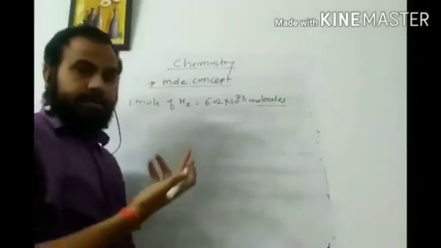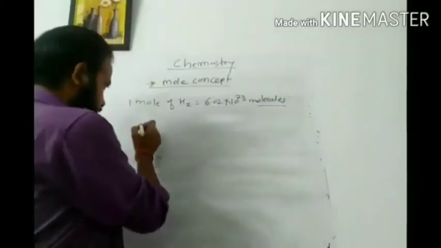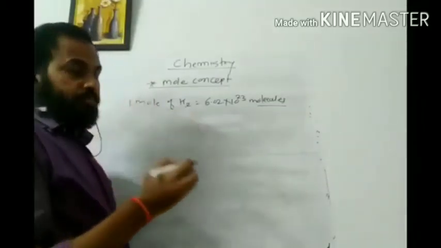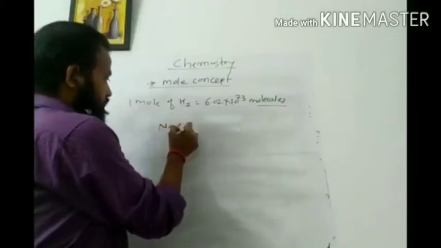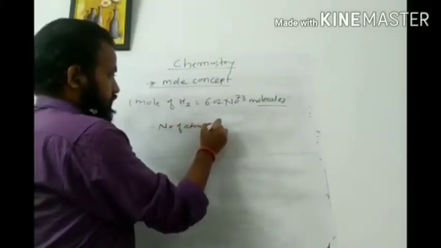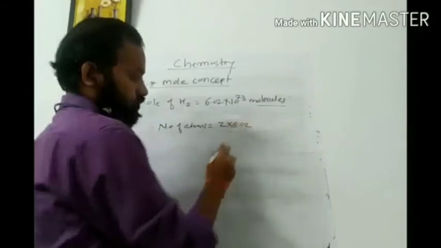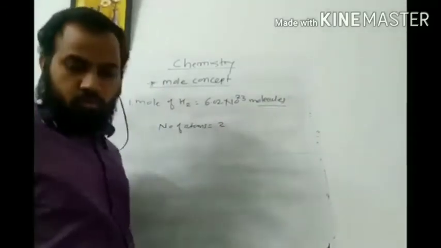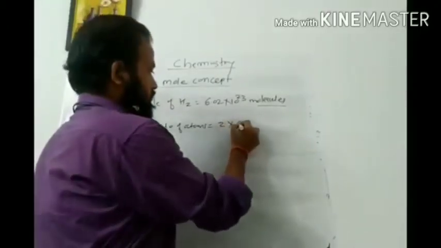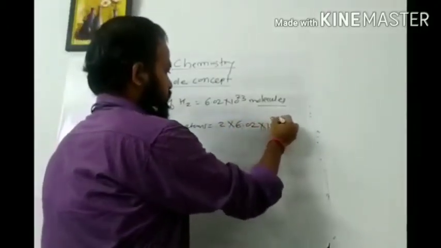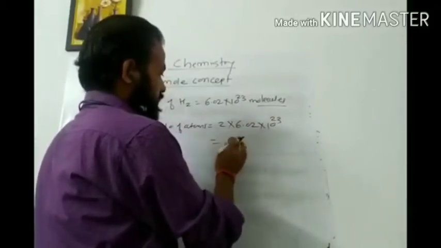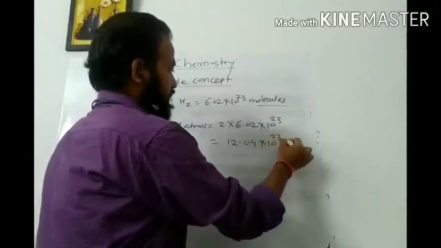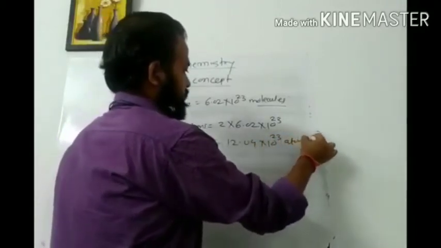If I want to calculate the atoms, isn't it? Therefore I can write, as we all know, this consists of 2 atoms. So number of atoms equal to 2 into 6.02 into 10 raised to 23, means approximately 12.04 into 10 raised to 23 atoms.